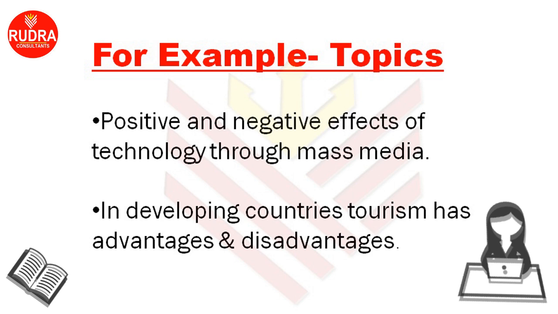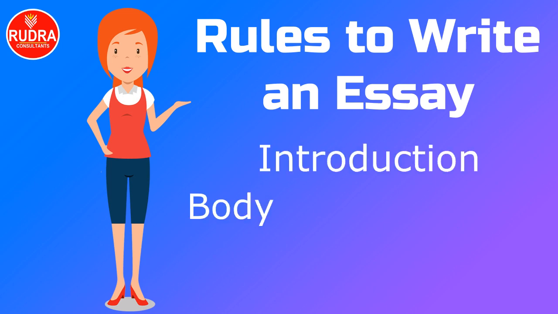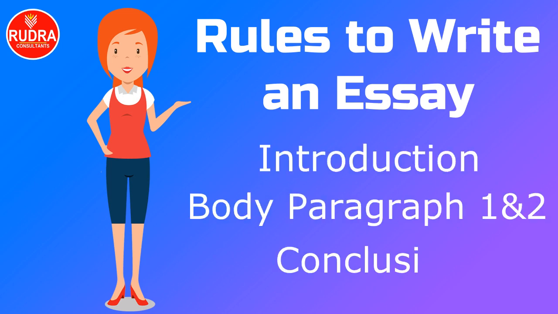First is agree or disagree, causes and solutions, advantages and disadvantages. Basically use 4 points to write an essay, that are introduction, body paragraphs 1 and 2, and conclusion. Lastly, the conclusion is very important in this section.